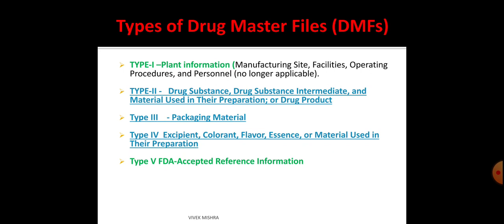Type 2 is about drug substance, intermediates and material used in their preparation, or drug product. Type 3 is about packaging material, type 4 is about excipients, colorant, flavor, essence or material used in their preparation, and type 5 is about accepted reference information.